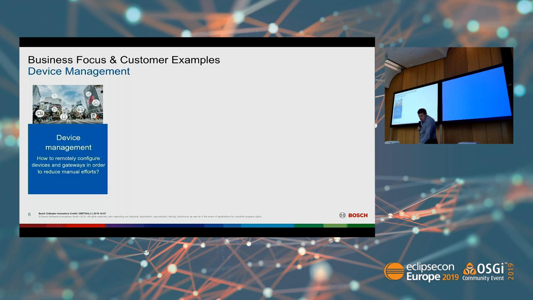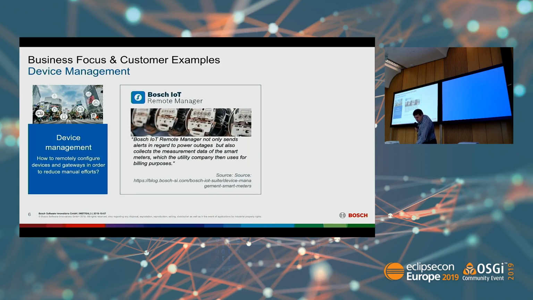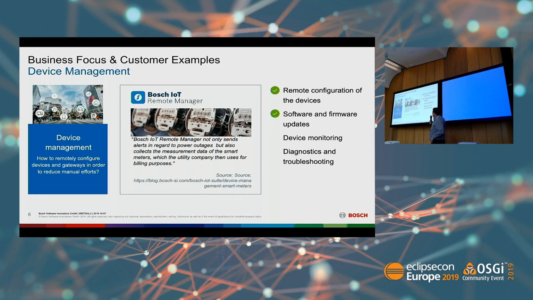So this is really about how to remotely manage or configure devices and gateways in order to reduce manual efforts, right? So you want to do this, let's say, for a lot of assets that are out there, right? And so you want to be able also to deploy software updates and these kinds of things, right?